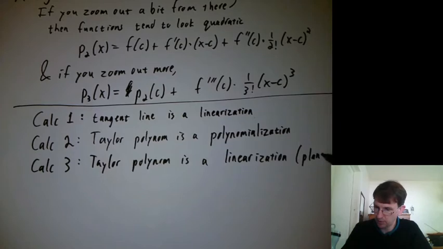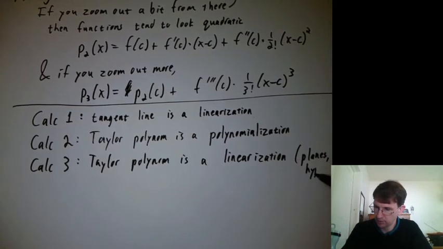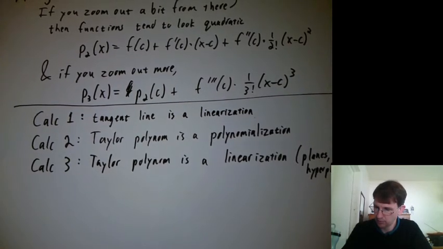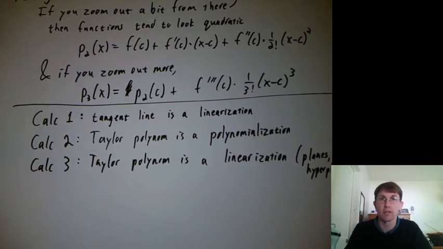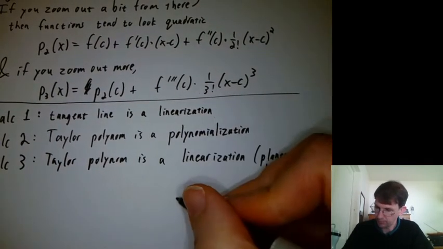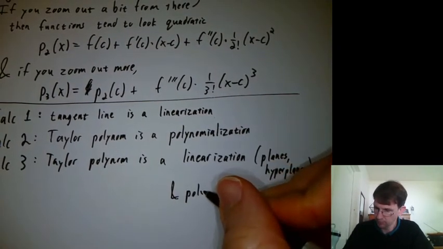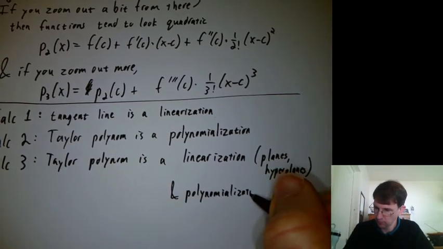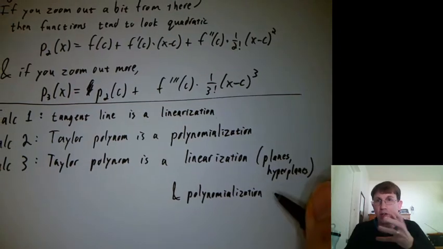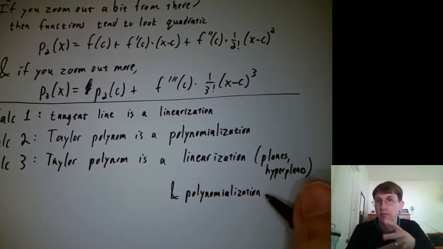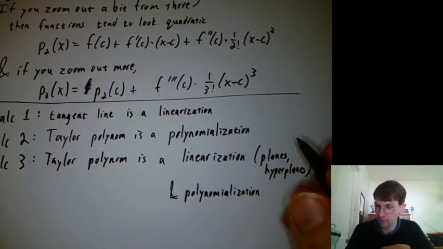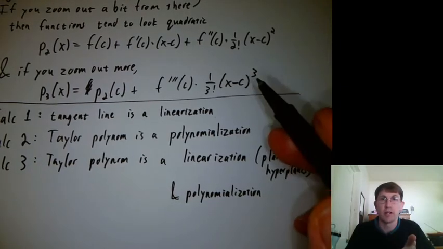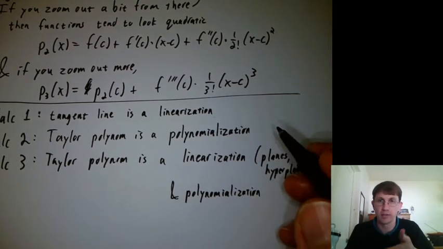So planes and hyperplanes approximating functions. And if you start curving things in 3D, you get kind of ellipsoid surfaces, which is a 3D version of parabolas and hyperbolas and ellipses and stuff.